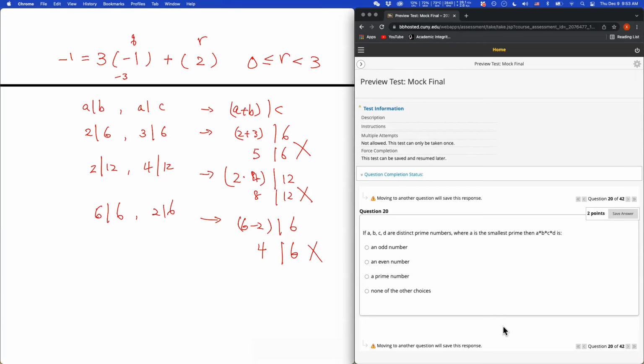Okay, now if A, B, C, D are distinct primes, and you know A is the smallest prime number, what do you know about A times B times C times D?